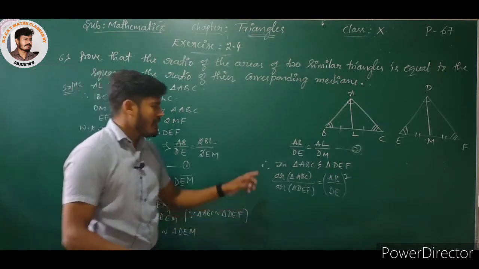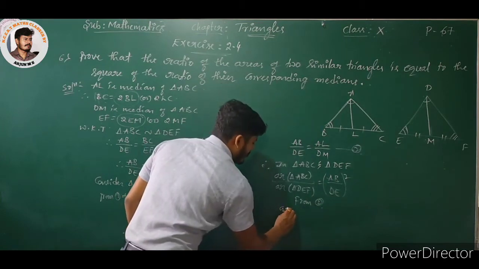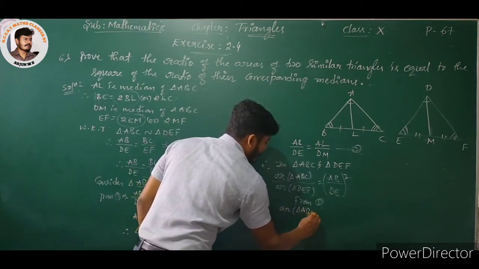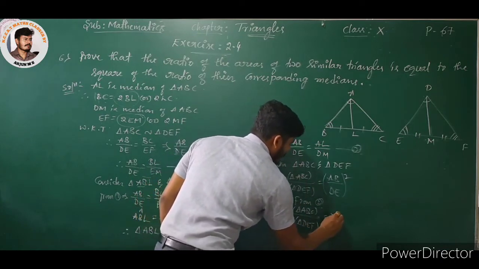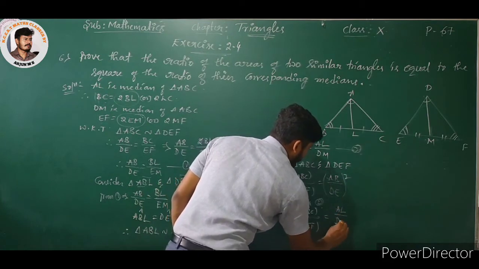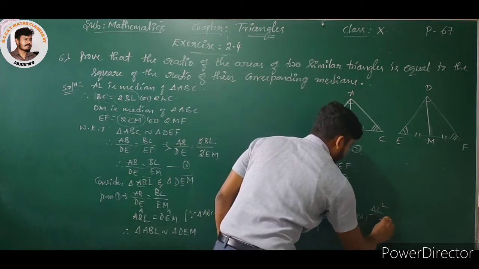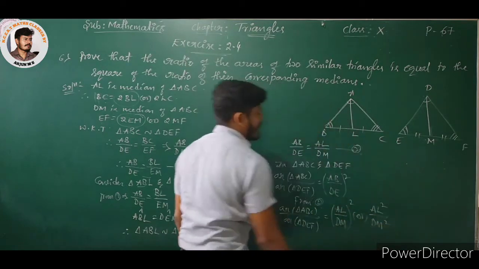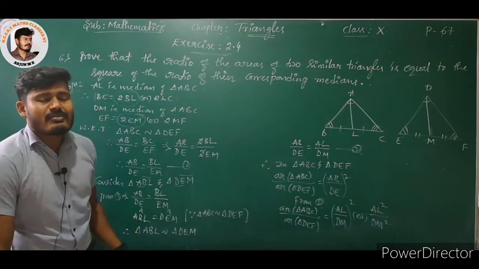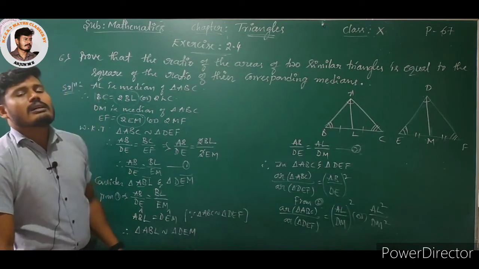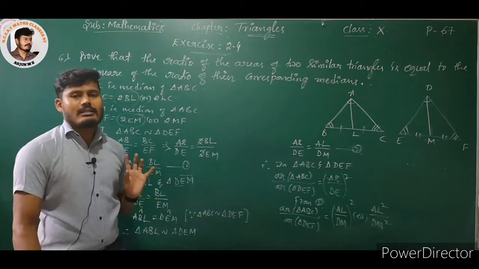From equation number 2, area of triangle ABC divided by area of triangle DEF is equal to AL by DM whole square, or AL square divided by DM square, right? So now the ratio of the areas of two similar triangles is equal to the ratio of the square of their corresponding medians.